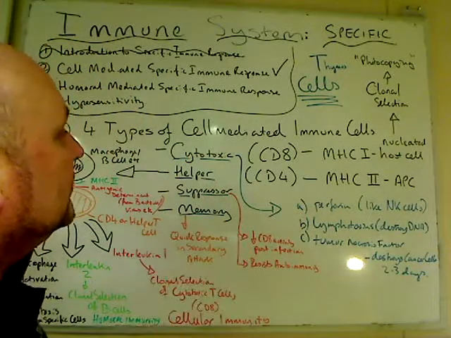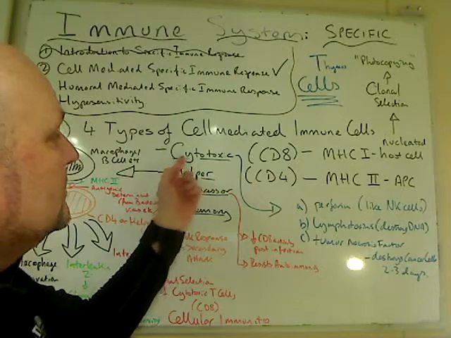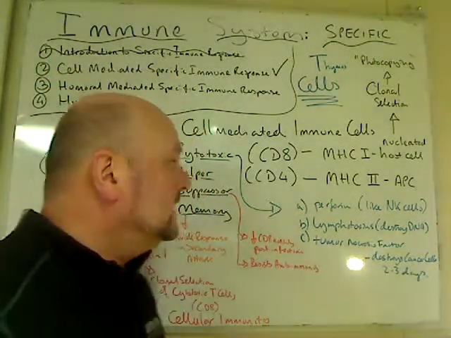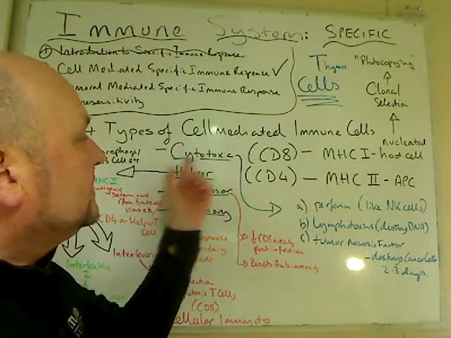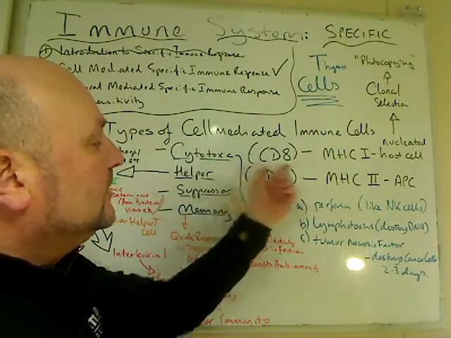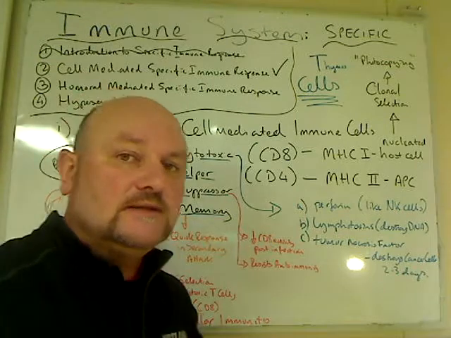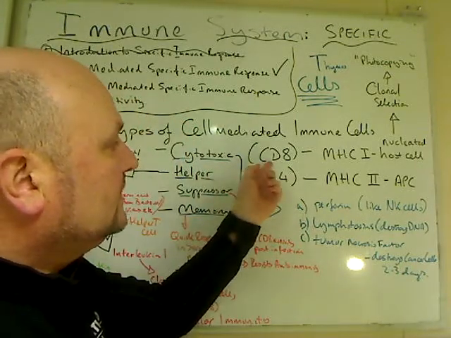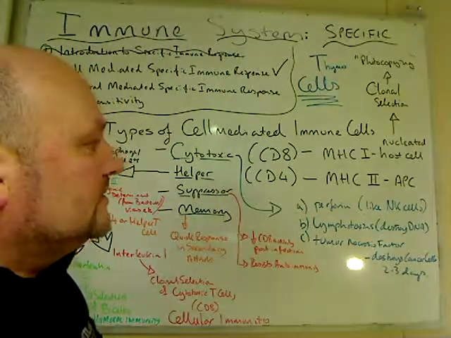We've got these four. So cytotoxic, well, cyto means cell, toxic means toxic, so deadly to cells. So this is the cell killer. It's also known in papers, you'll see it written as CD8 cells. So the cytotoxic T cell, or CD8, is the killer cell.